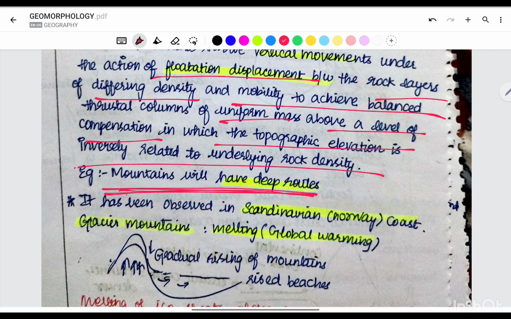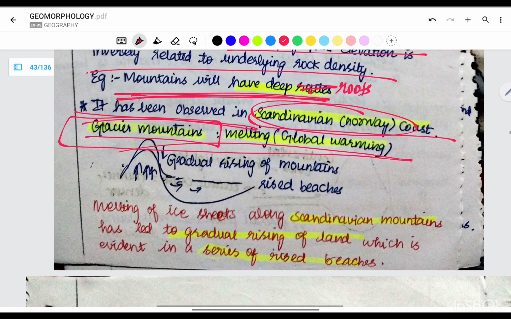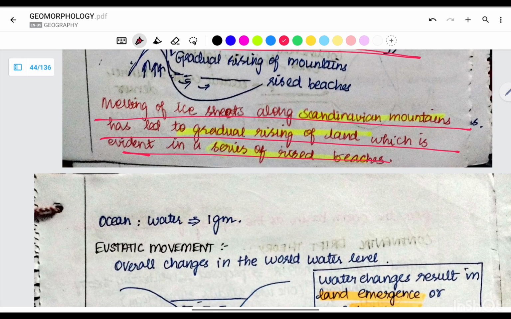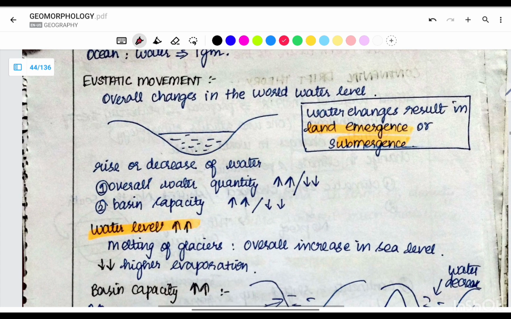Mountains have deep roots. It has been observed on the Scandinavian Norway coast that glacier mountains were melting because of global warming, right? Melting of the ice sheets has led to a gradual rise in the land, evident in a series of raised beaches. Now we are going to deal with the eustatic movements.